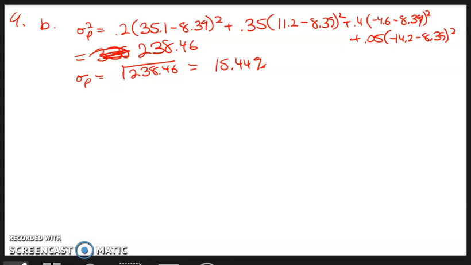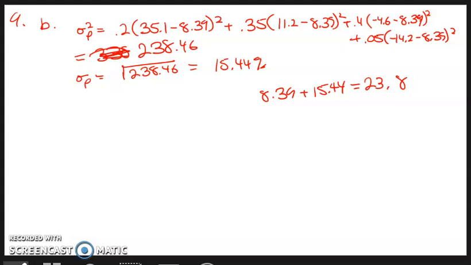So they should, let's see, 8.39 plus 15.44. That's like 23.8. That would be the upper limit.